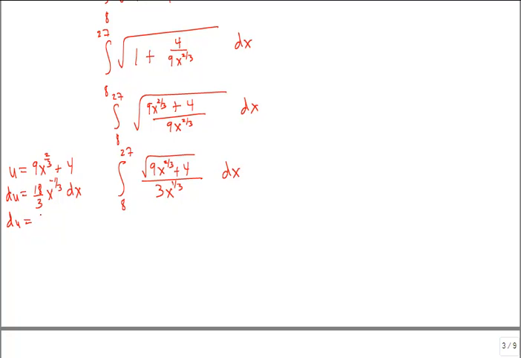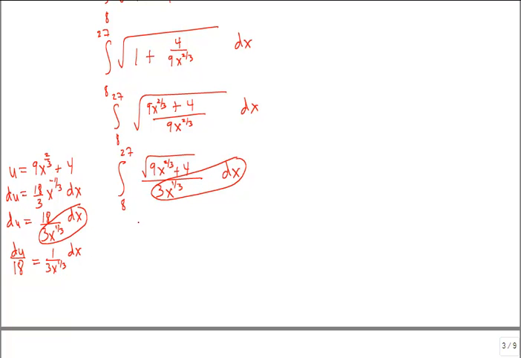You certainly can, but I'm going to leave that 18 where it is, and I'm going to make that x to the 1/3 join the 3 that's in the bottom. The reason I'm going to do that is because this piece right here is exactly what I have already in my integral. So if I divide by 18, then 1 over 3x to the 1/3 dx is exactly this, so this is going to get replaced by du over 18.